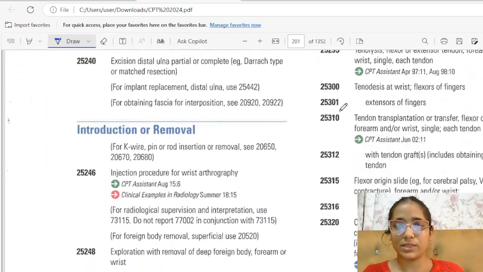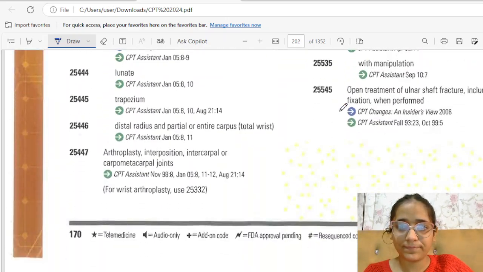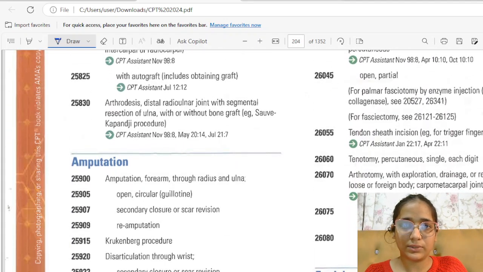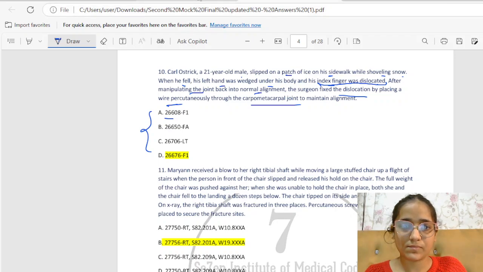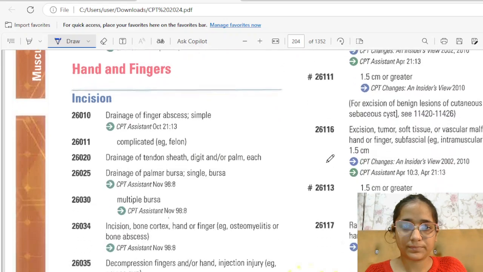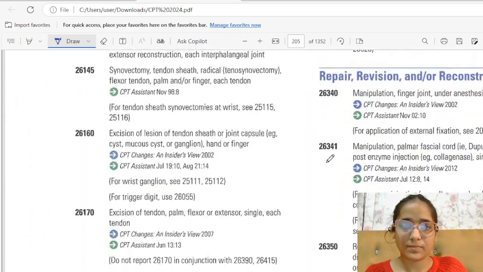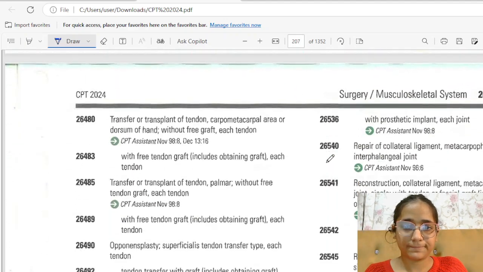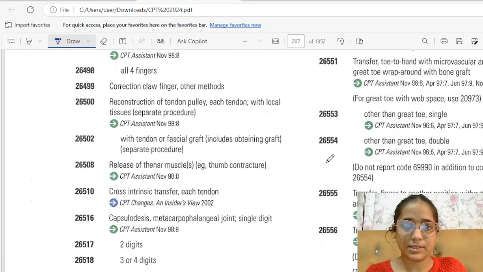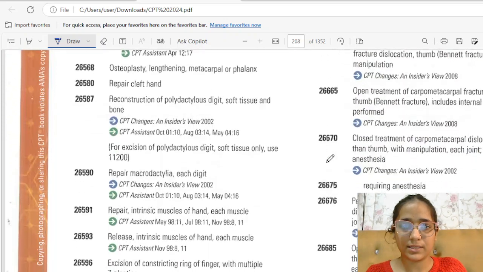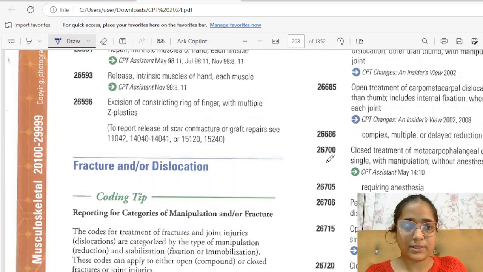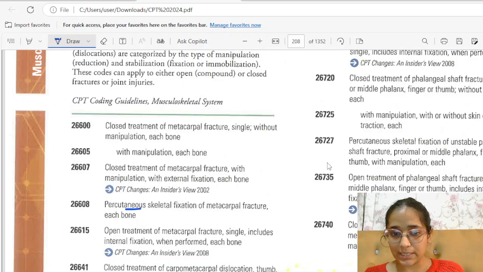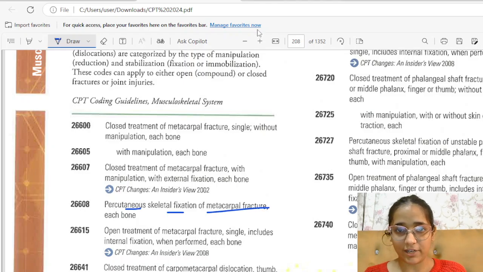26608. Just give me a second. 26608. Here we go. So 26608 is percutaneous skeletal fixation of metacarpal fracture.